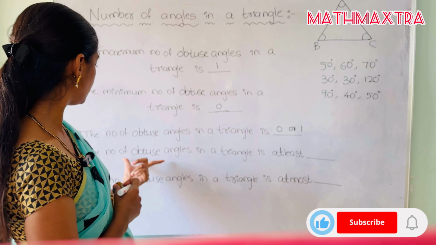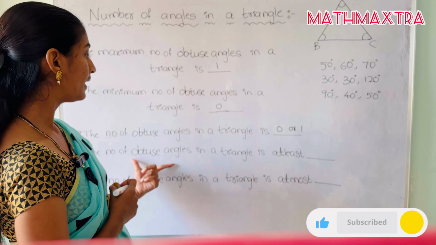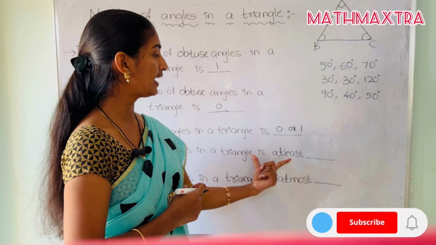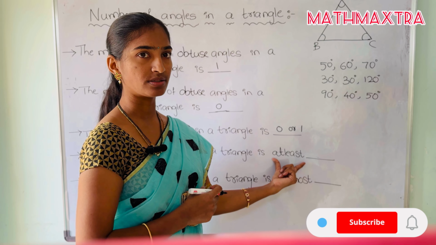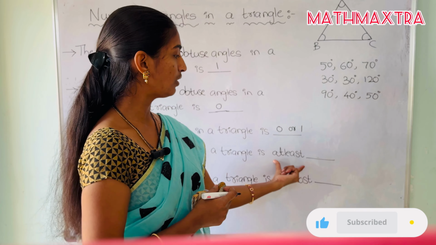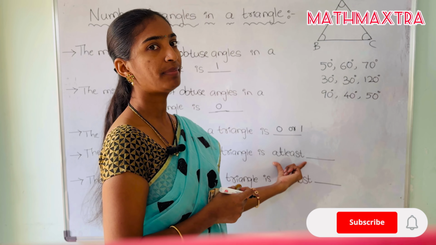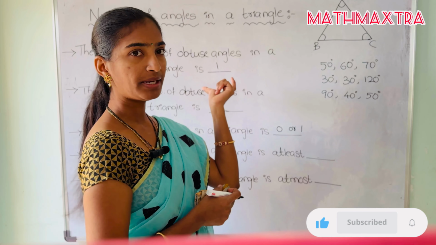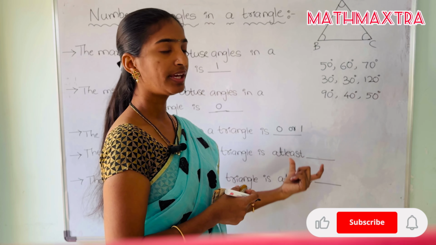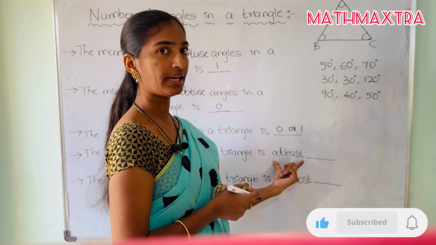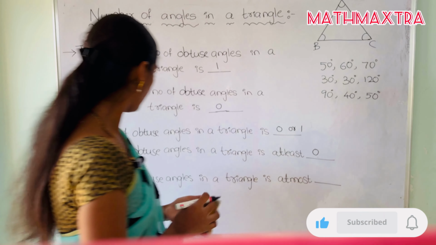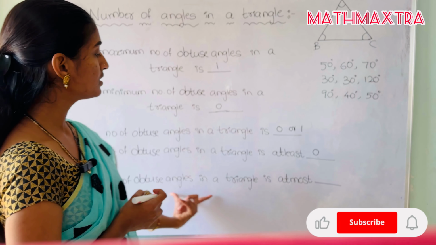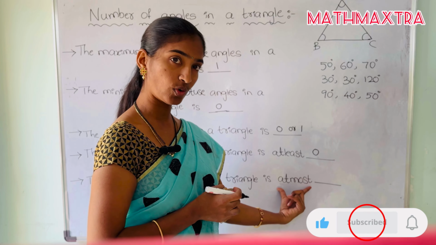Yes. So check the next point. "The number of obtuse angles in a triangle is at least". Observe the word "at least". Here you have to consider the minimum number. In other words, when they give you "at least", that is 0. Next, "the number of obtuse angles in a triangle is at most".